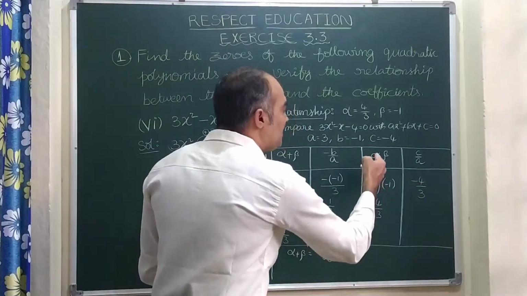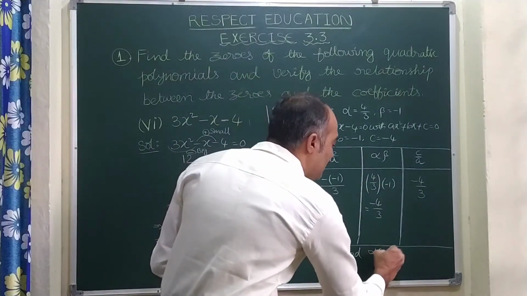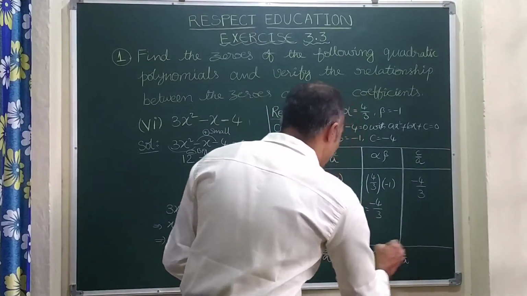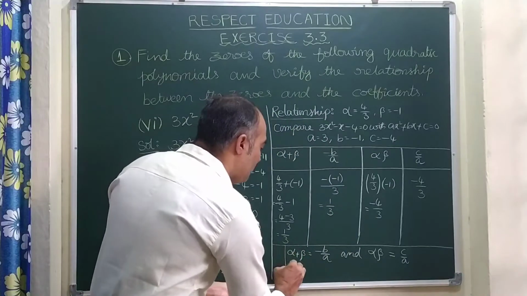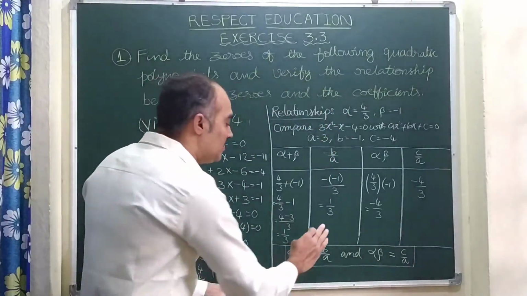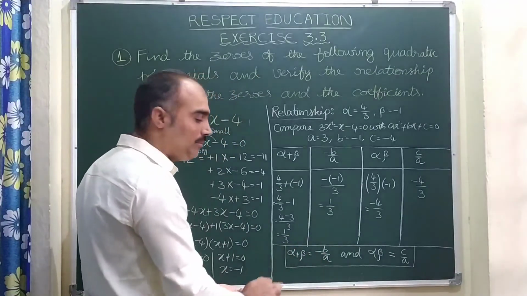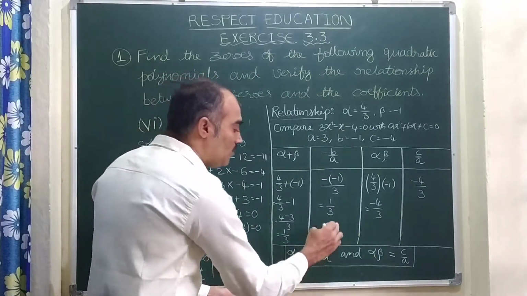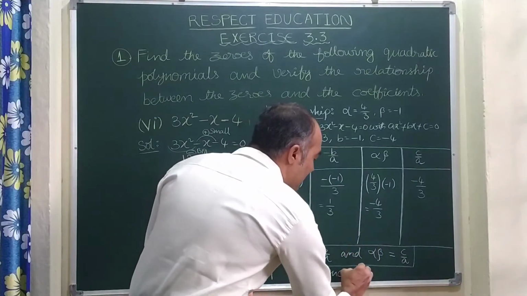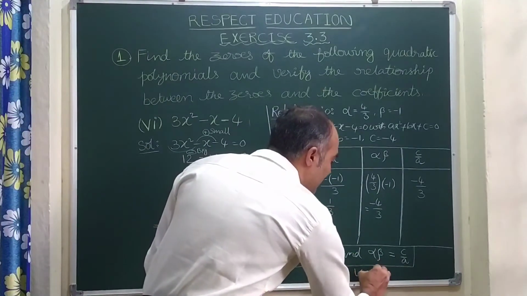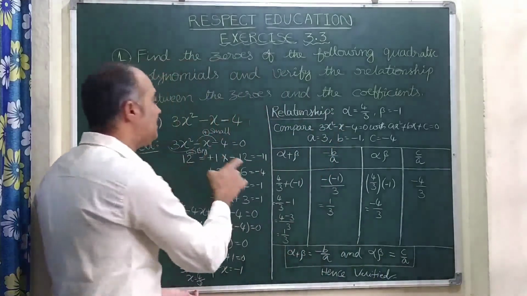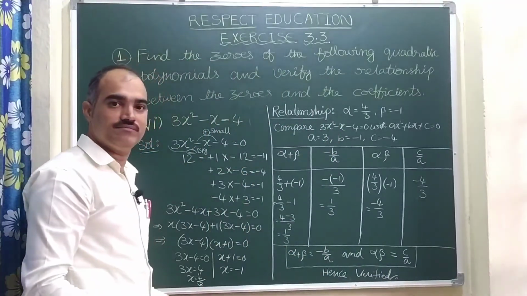This minus 4 by 3 indicates alpha into beta is equal to c by a. Finally we get alpha plus beta equal to minus b by a and alpha into beta equal to c by a. This is the relationship between the zeros and the coefficients. Therefore the relationship is hence verified. With this, the sixth bit gets completed.